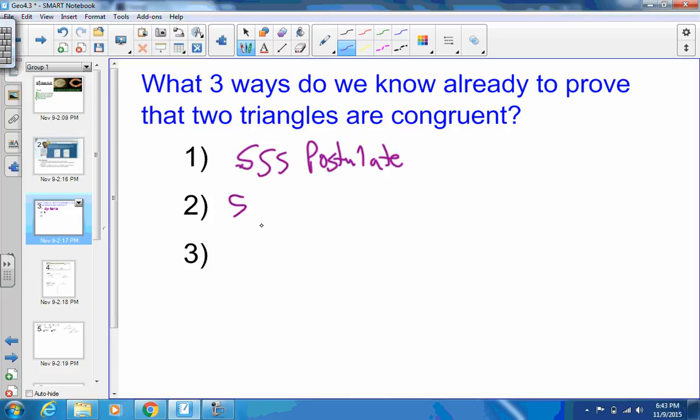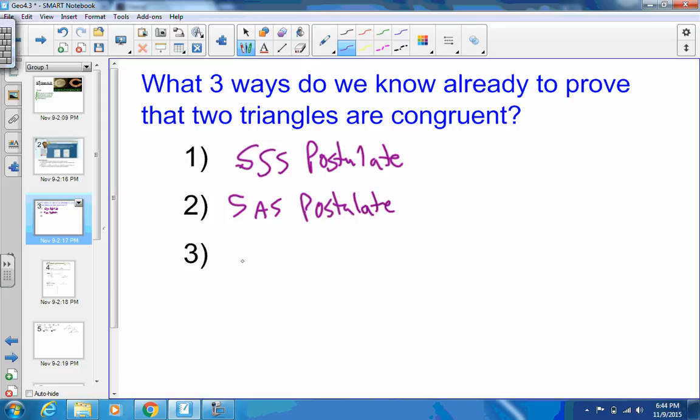We also have the side angle side postulate, which says if you have two sides congruent to two sides on another triangle, and then the included angle, meaning the angle between those two sides, congruent on both triangles, then they are congruent triangles.